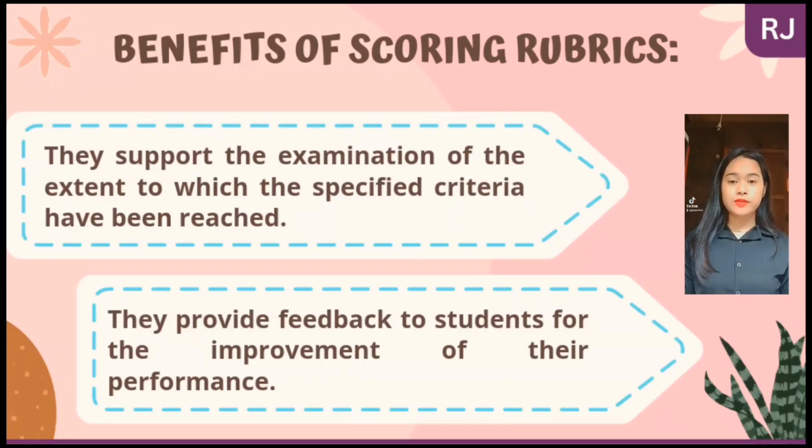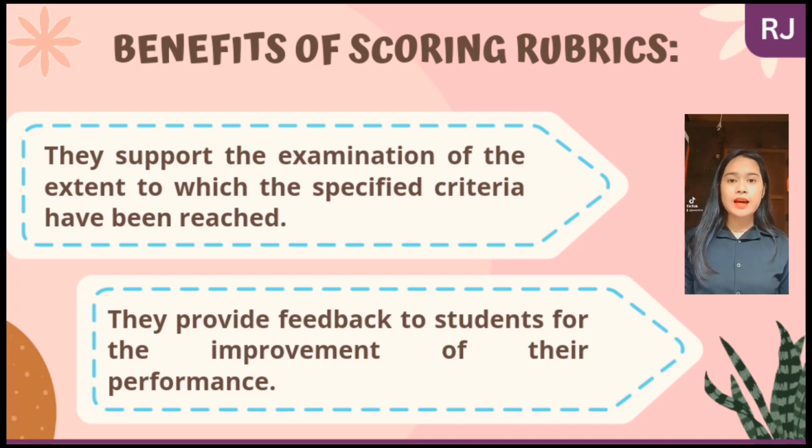So, benefits of scoring rubrics. First is they support the examination of the extent to which the specified criteria have been reached. And the second, they provide feedback to students for the improvement of their performance.